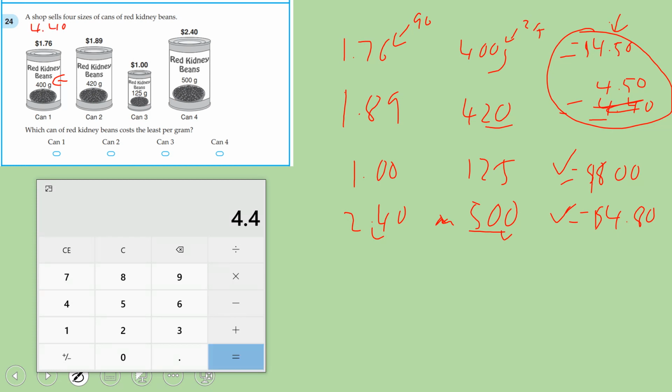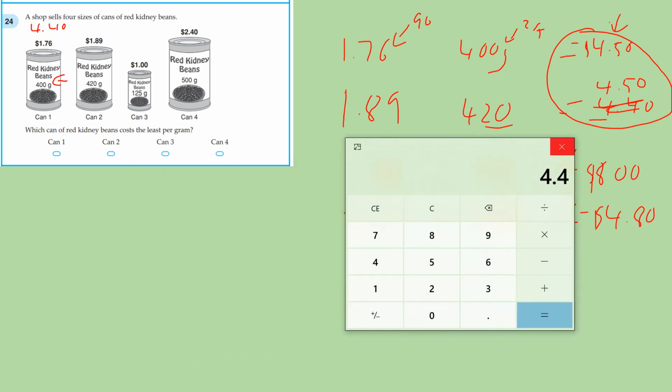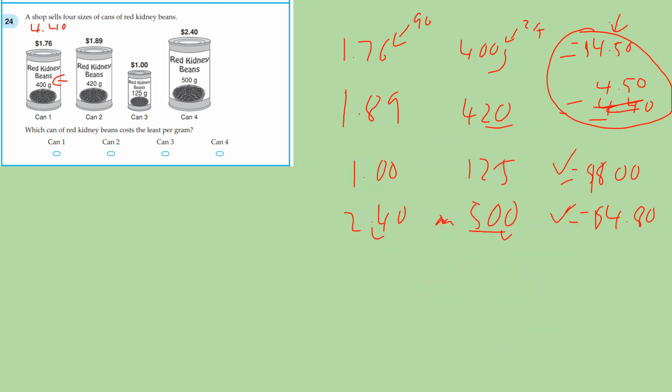Just got to remember that no matter what you're doing, you've got to just make sure you're consistent. So I did my calculations with this value, the quantity. I did it in kilograms. You can do it in grams if you wish. You've just got to make sure that you end up changing it to something that you can use. So I was doing it just like they do in the shops. The amount per kilo, the amount per gram is saying the same thing.